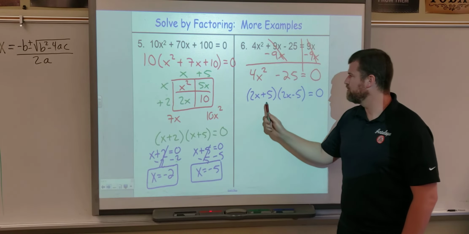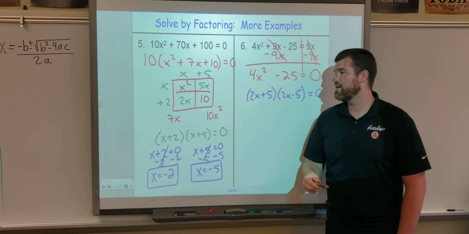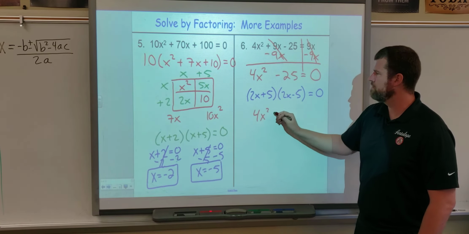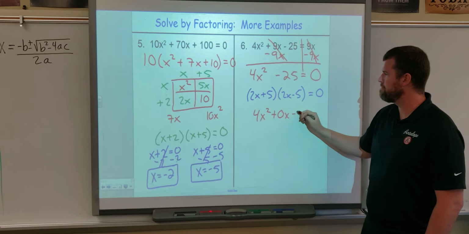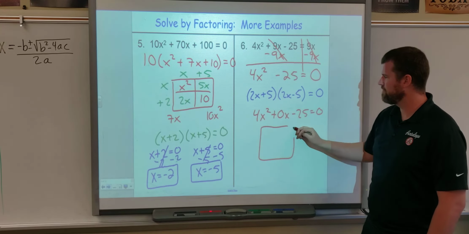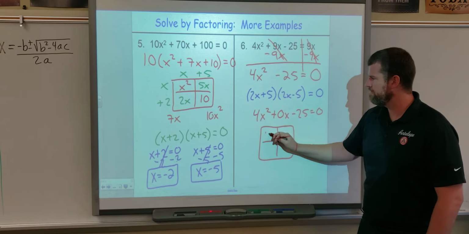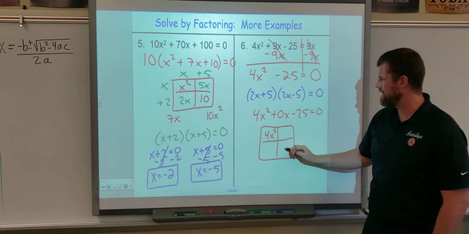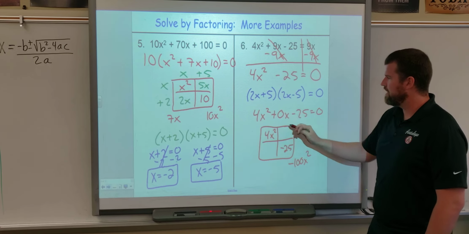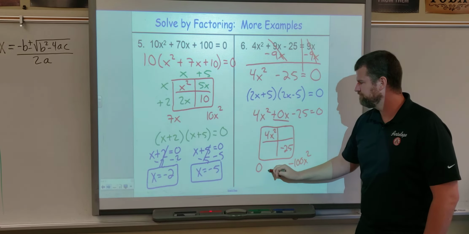Or, if you don't like that way, or if you haven't memorized that, we can also rewrite this as 4x squared plus 0x minus 25, and we can use the box. So if we use the box, first term, first box, last term, last box, multiply those together, and this time we need to add to 0.